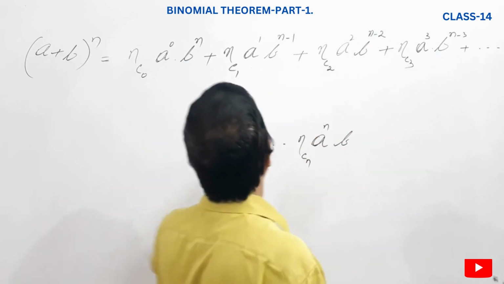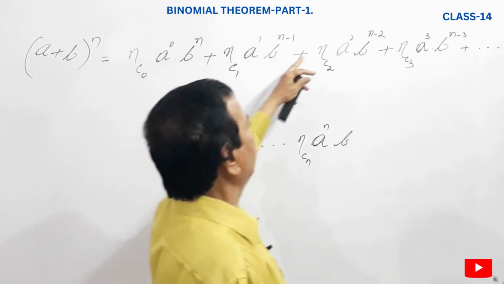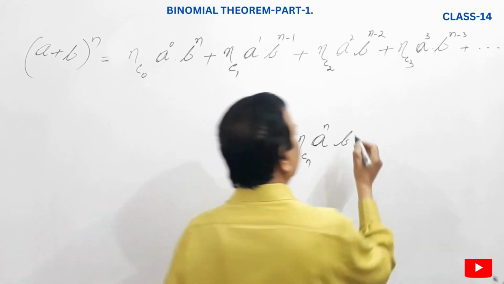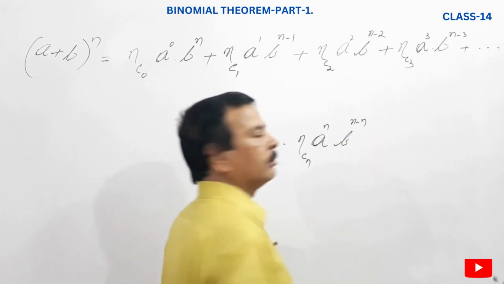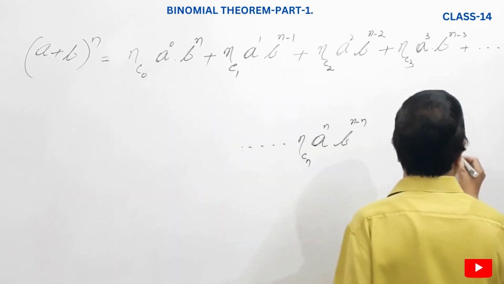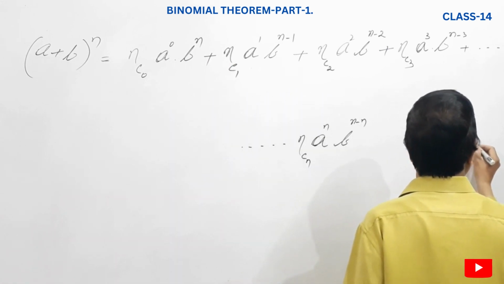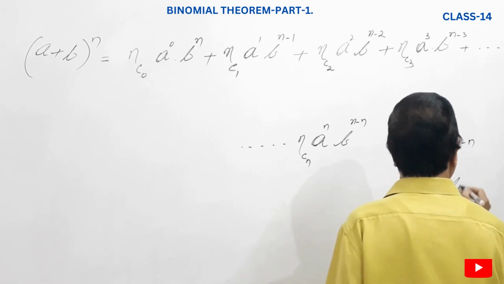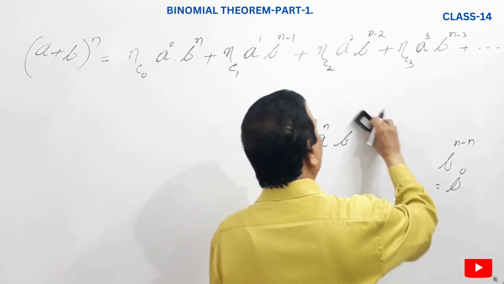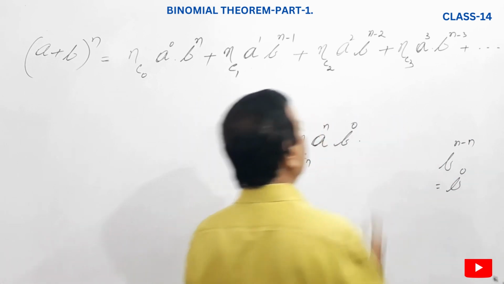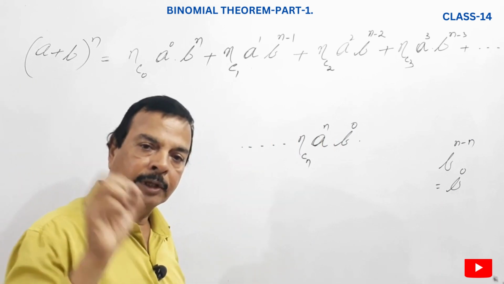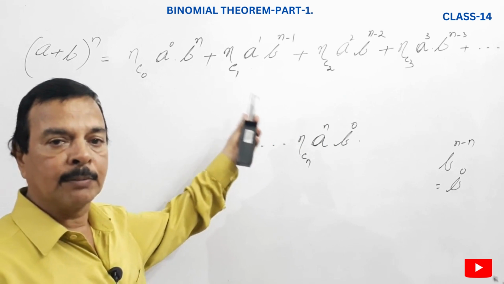The power becomes n, n minus 1, n minus 2, n minus 3, until n minus n, which is 0. So b to the power of 0. So this is known as the binomial theorem or binomial expansion.